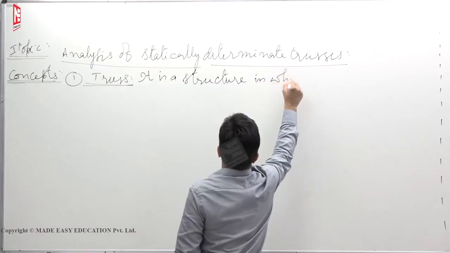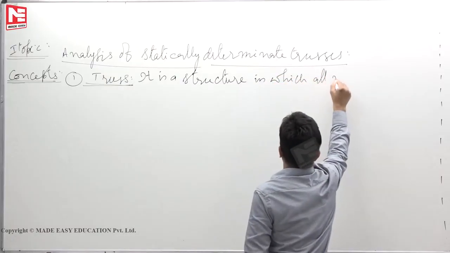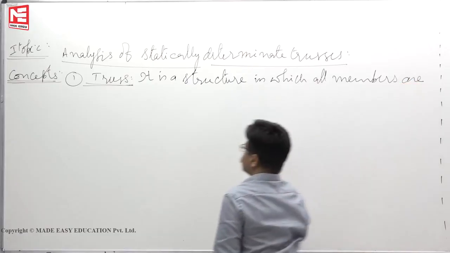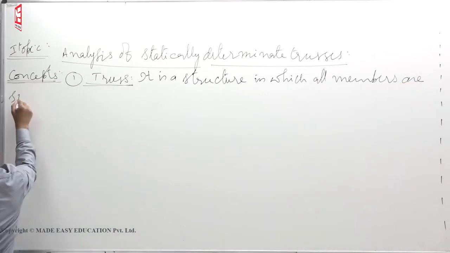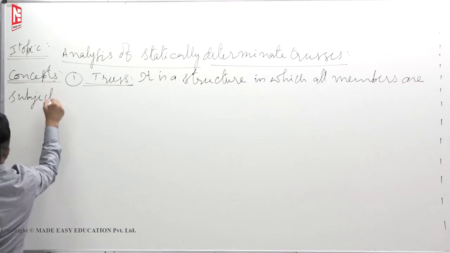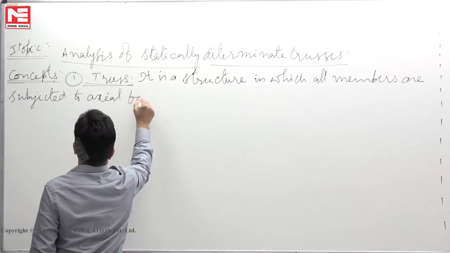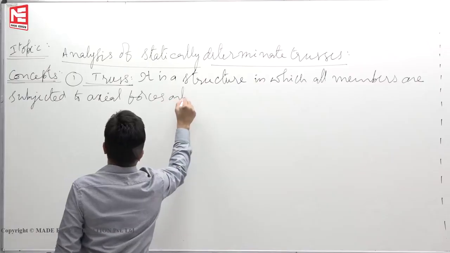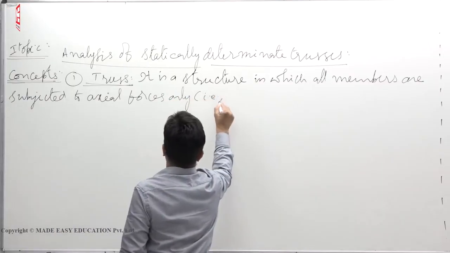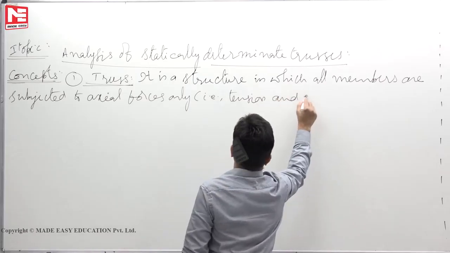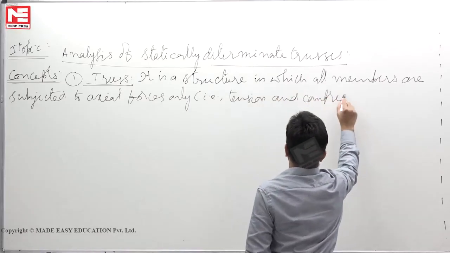It is a structure in which all members are subjected to axial forces only. That is tension and compression.